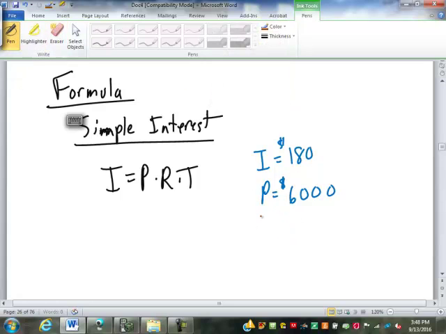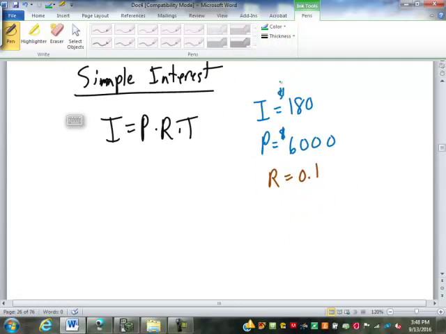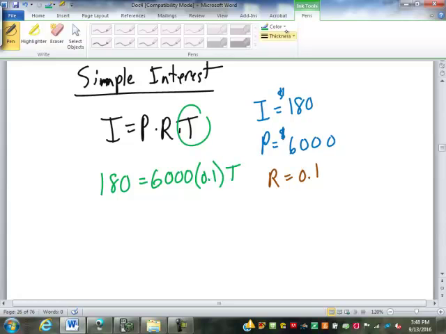Our rate is going to be 0.1. Now I know we haven't done decimals yet, but we're going to shove that in here anyway. We're solving for the time. So we have I of 180, 6,000 times our rate of 0.1 times t.